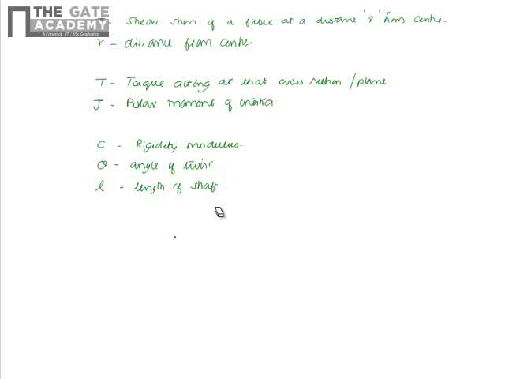Therefore, we can get that the shear stress caused in the shaft is given by TR by J, and for a solid circular shaft of diameter D, the polar moment of inertia is given by pi d raised to 4 by 32, and R will be given by d by 2. Therefore, maximum shear stress will be at the outermost fiber.